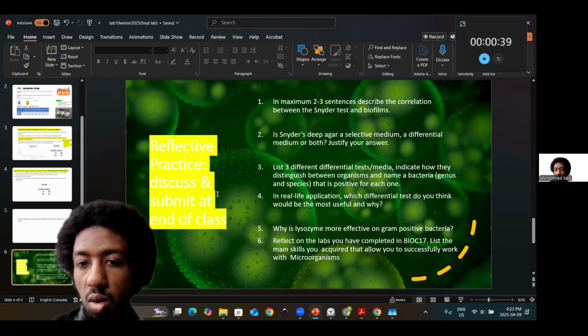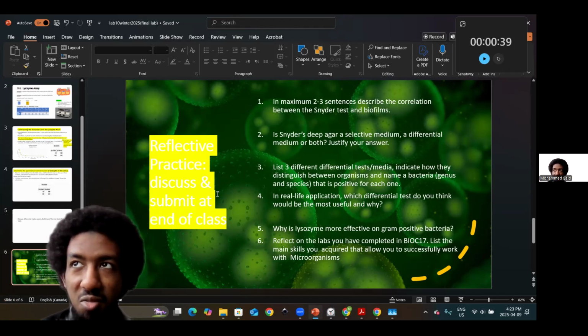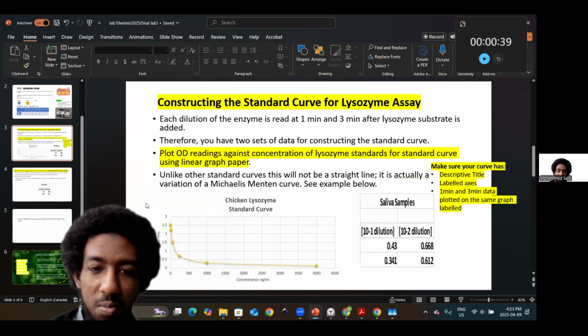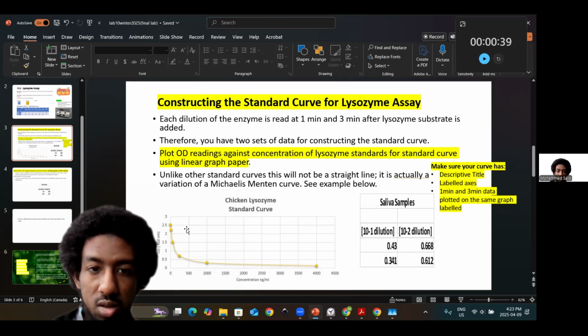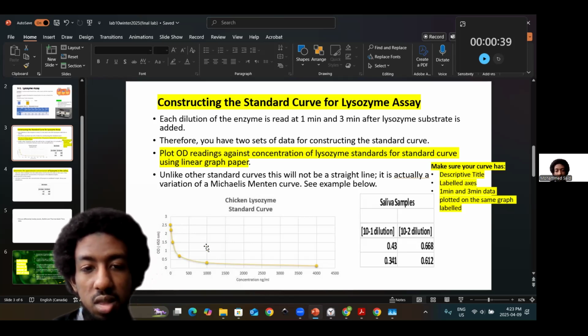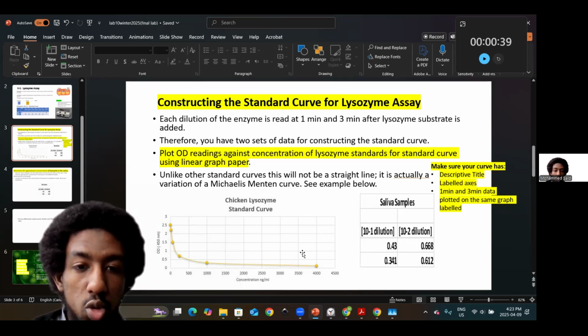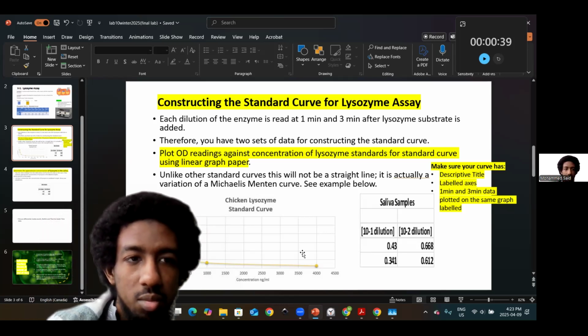Like let's say you found another lysozyme, lysozyme B, and it has a reduced effect in bacterial lysis for, let's say, gram-positive bacteria. Then what do you expect would happen to this curve? And proportionally, what would you expect of your absorbance readings? So think critically about these types of questions.